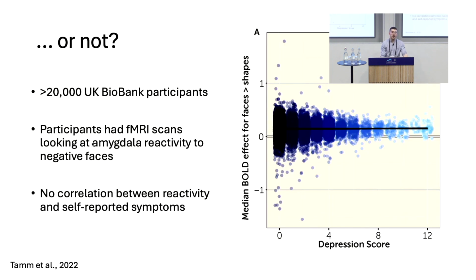But the evidence for amygdala reactivity in depression is very inconsistent. I think this study was done partly in Oxford, in a large study of over 20,000 people from the UK Biobank. Tam and colleagues explored the relationship between amygdala activity and self-reported depression scores across the cohort, and they actually found no association.